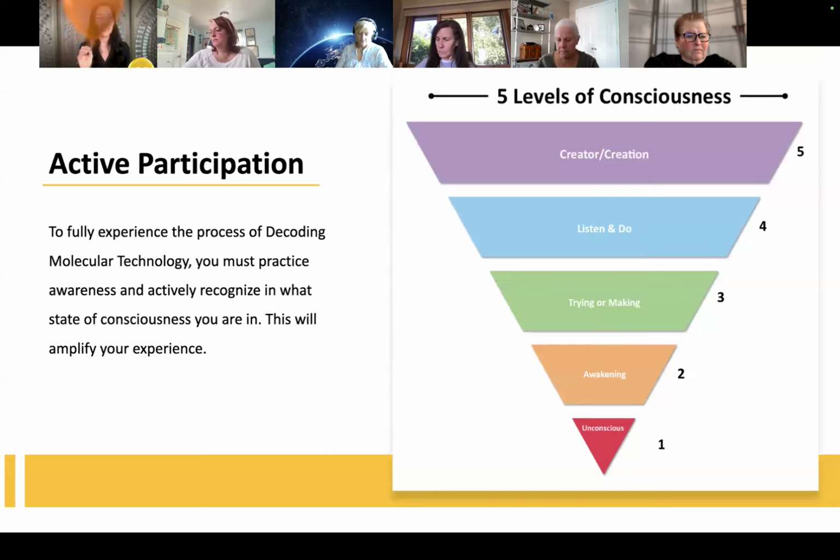And that's the listen and do. It's the ability to move outside of what we know or somebody else knows. And we listen to that intelligence that's stored in our DNA. Source frequency, source intelligence.